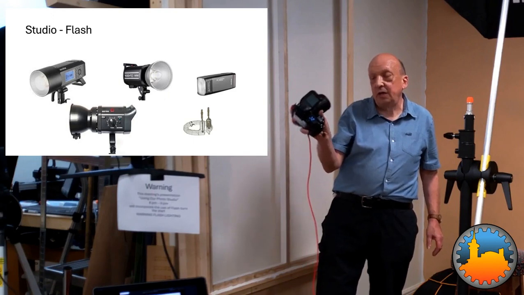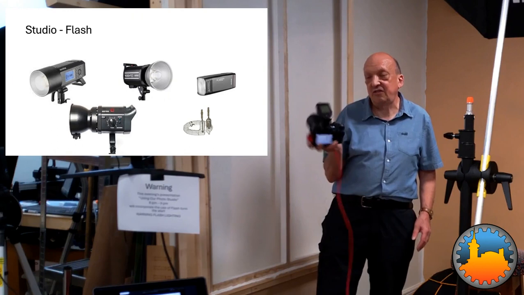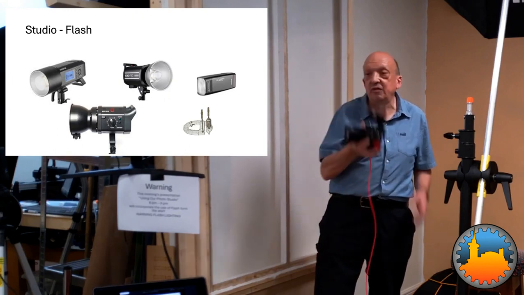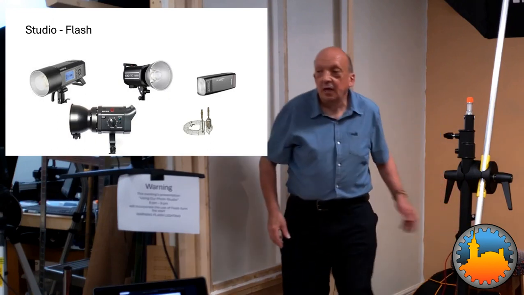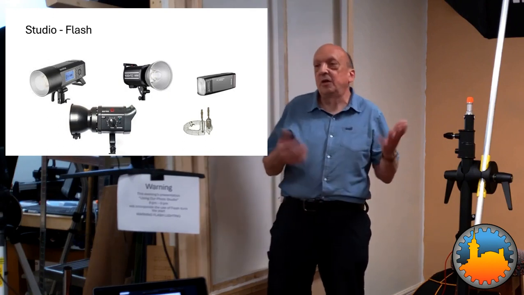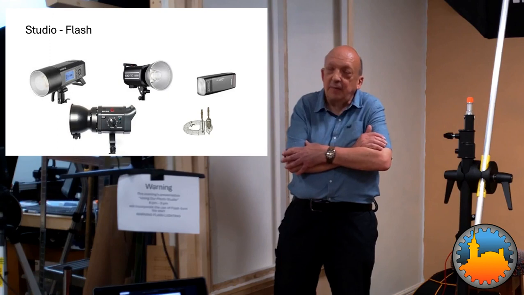So in this case we can put say 4 or 5 different flashes and adjust the power of each flash independently without actually having to go up and twiddle the little knobs on the flash itself. That's an advantage, especially when the flashes are situated above your head. It saves you having to take everything down and adjust it manually.